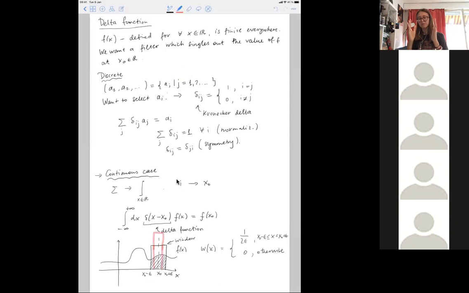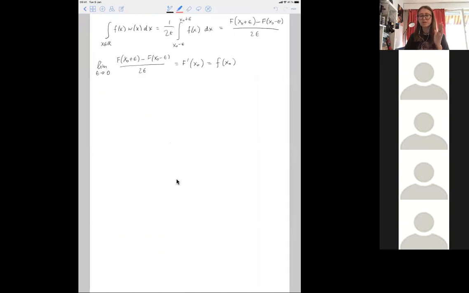And in the limit of epsilon going to 0, this window function can be seen as something that approximates the delta function, because in the limit it acts on the function f in this integral exactly the way we expect the delta function to act.